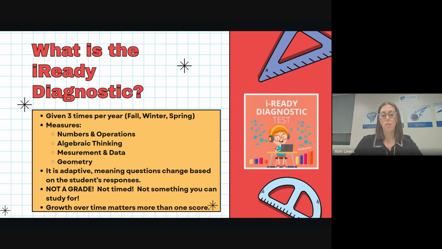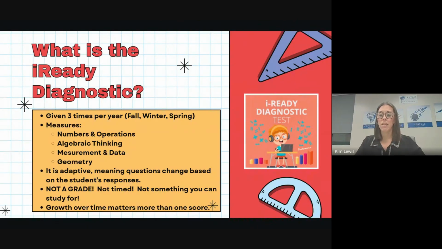It does measure multiple different domains of math, very similar to what the MAP test did. It is adaptive, meaning that if a student gets the question correct at grade level, then the next question might be a little bit harder and a little bit harder and a little bit harder until it levels out to really know where the students are at academically.